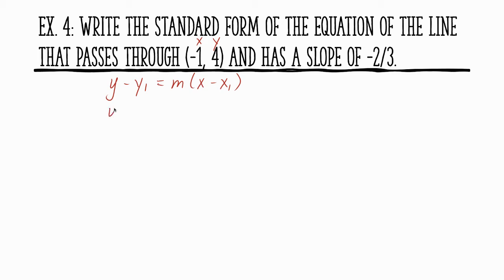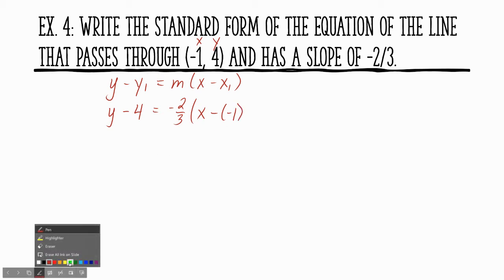Y is going to be the variable, one of the variables that we solve for, minus y1, which is 4, equals the slope, negative 2/3, x, we're going to leave it as that variable, minus x1, minus 1. I am going to change this into a bracket and then do my next step.